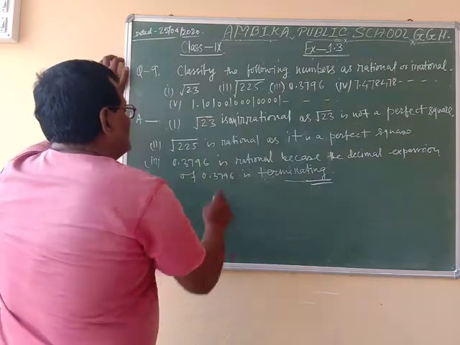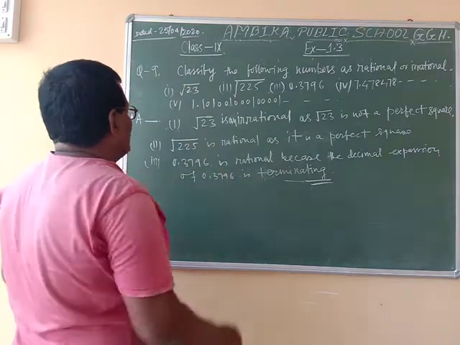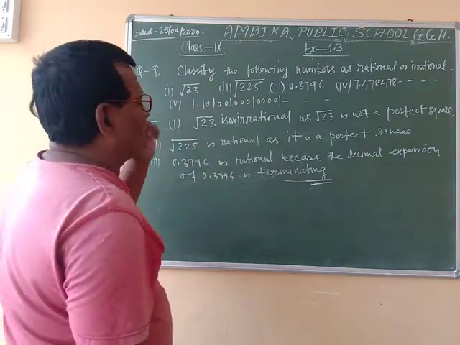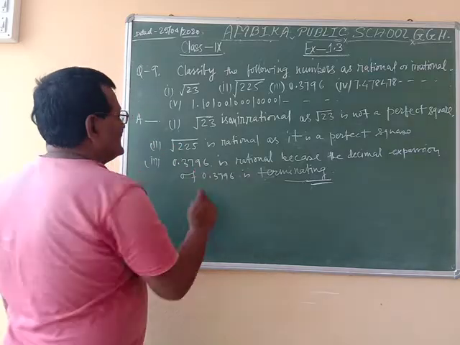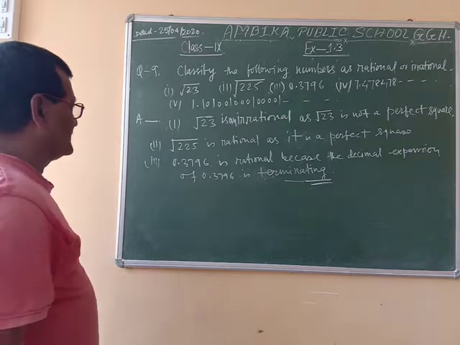The remainder is 0. There is no digit. So 0.3796 is rational. It is a terminating decimal. We know that a terminating decimal is a rational number.